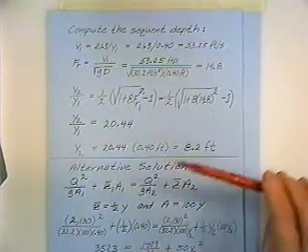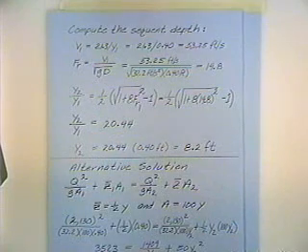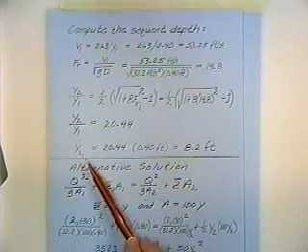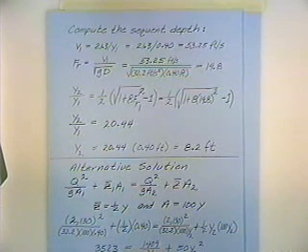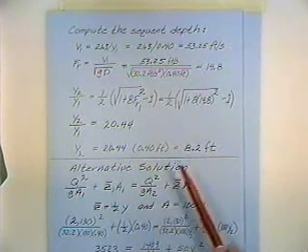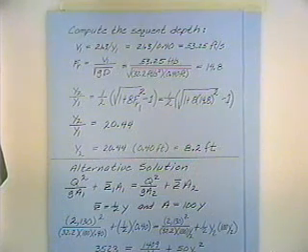And what this is doing for us is giving us the relationship between the depth upstream and downstream of the hydraulic jump. And so given the depth upstream of the hydraulic jump of 0.4 feet, the depth downstream of the jump is 8.2 feet.